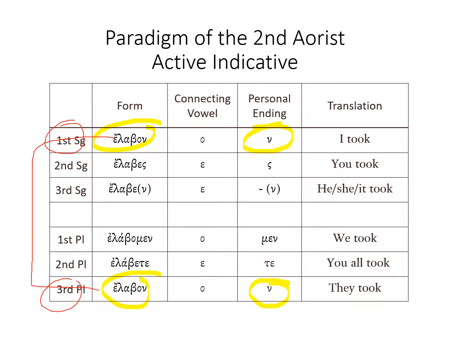The only other nuance, there's no ending here, just like the first singular in the primary endings. There's no ending, so in a text, epsilon may be the ending, or there may be a nu, and what would the condition be for that nu? If the following word begins with a vowel, then we need to separate this epsilon from that vowel, and we do so by inserting that nu.